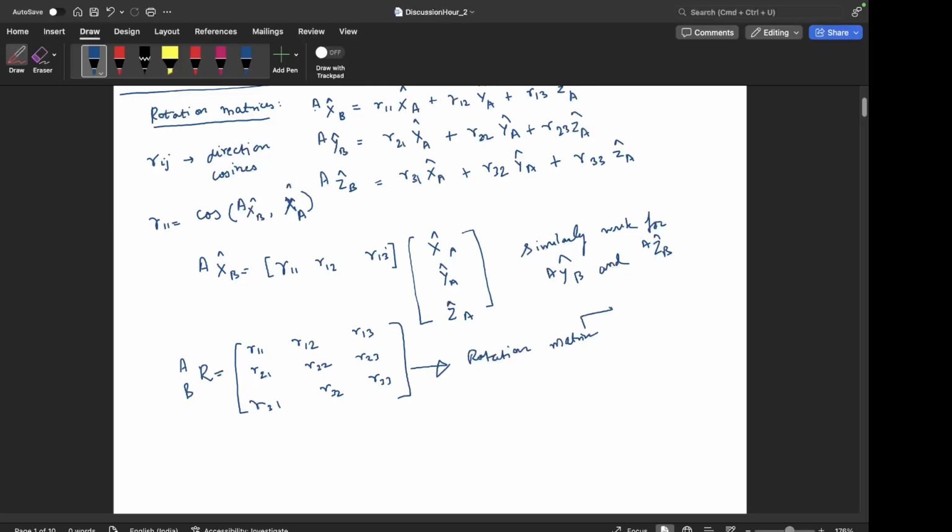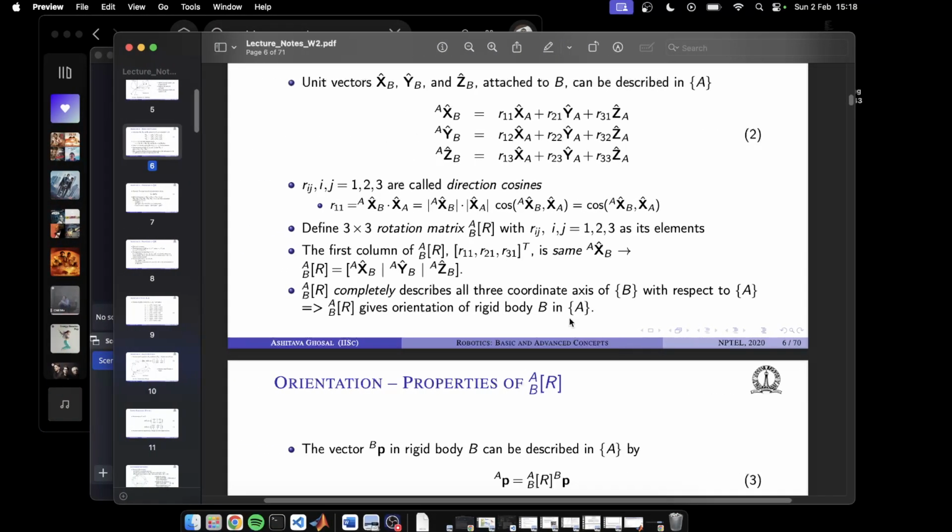And what purpose does it serve? It describes the orientation of frame B, which is the rotated frame, with respect to frame A. Right.